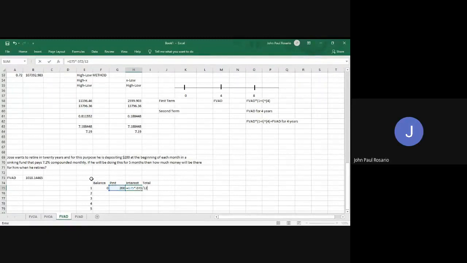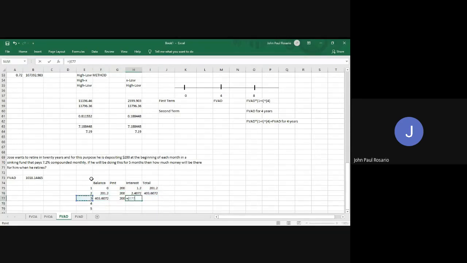Okay, so over 12. So total would be this one plus this one. Then the payment. Interest would be this one plus this one times 0.072 over 12. Then plus this one plus this one plus this one. It continues like that, with a payment of 200.